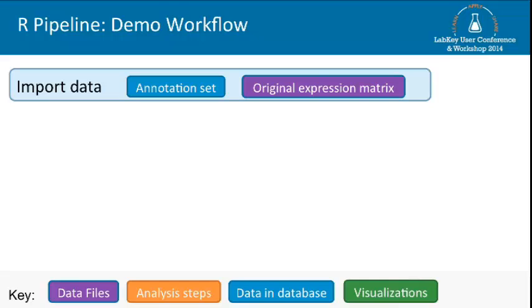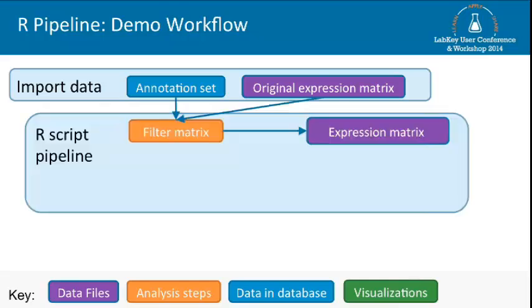The annotation set maps the feature ID to the gene ID, and I'll show you later in the LabKey framework that you can add any type of metadata to the annotation set. Taking those two data sets, and using an R script that we created in collaboration with the Kate's lab, we're going to do some filtering to the matrix.